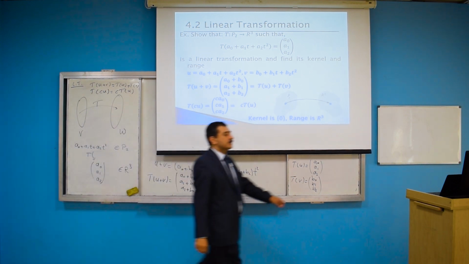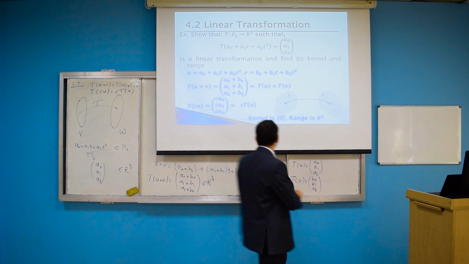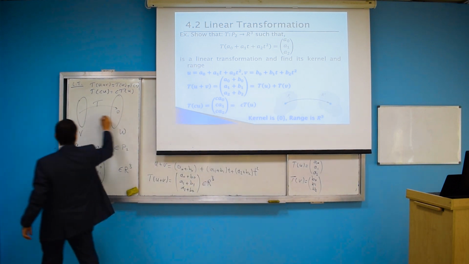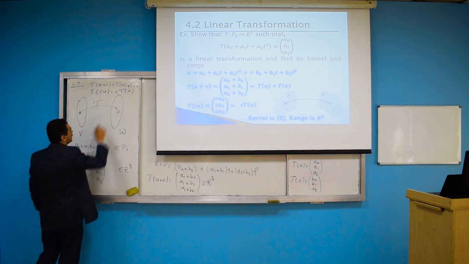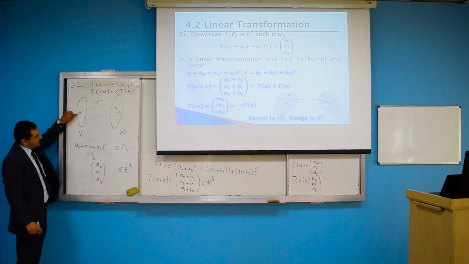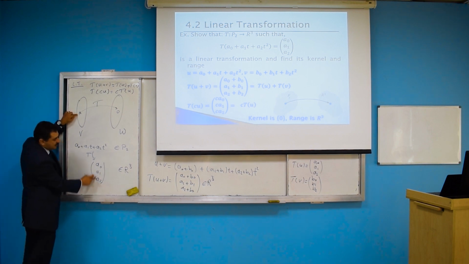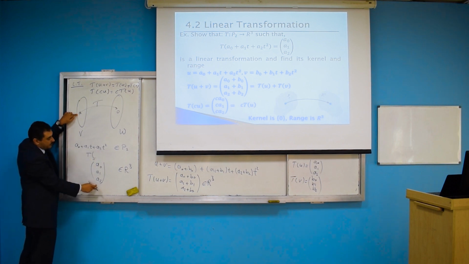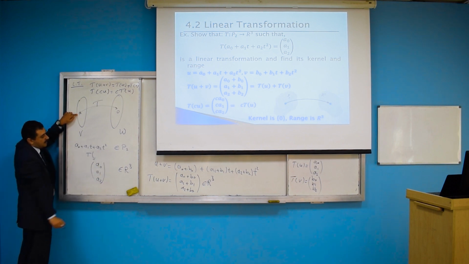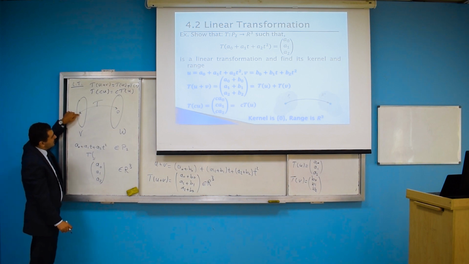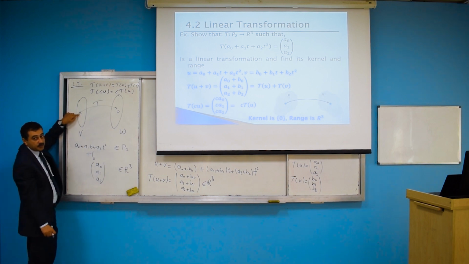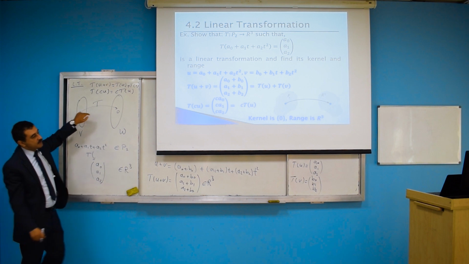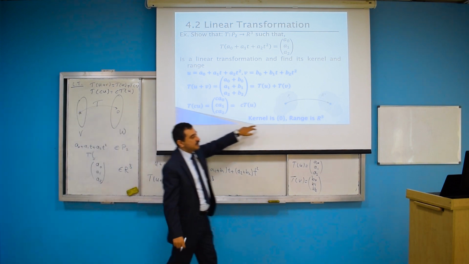This is called the kernel of the transformation. The vectors here that are mapped to the zero vector. So you simply put 0 here in R3 and see the original vector in P2. You will get that the polynomial would be the zero polynomial. So the kernel is the zero polynomial.